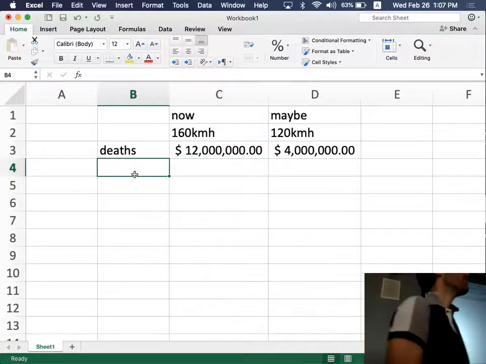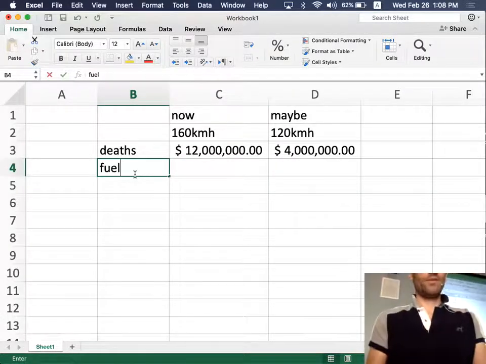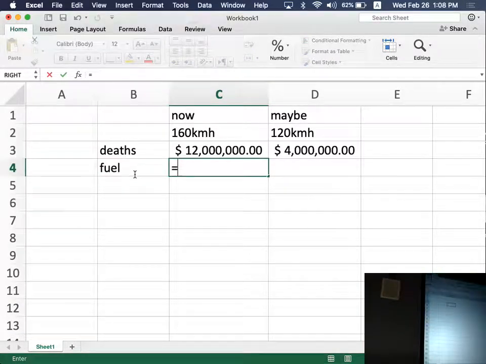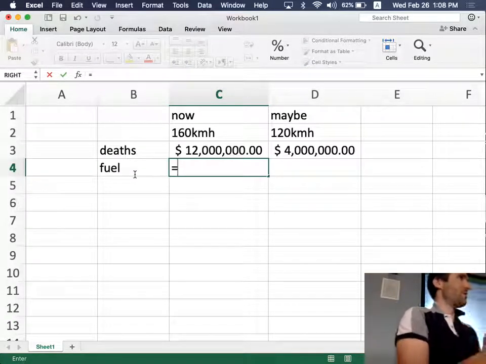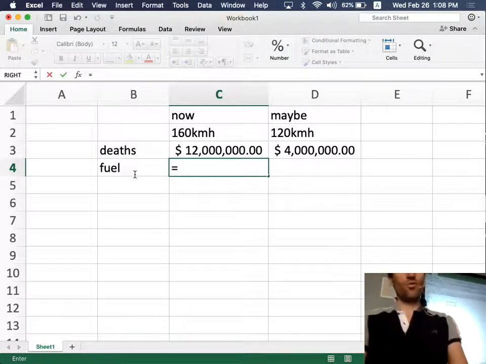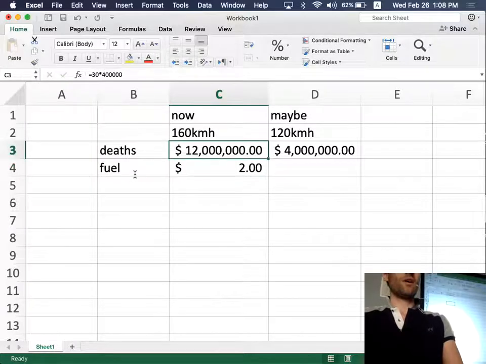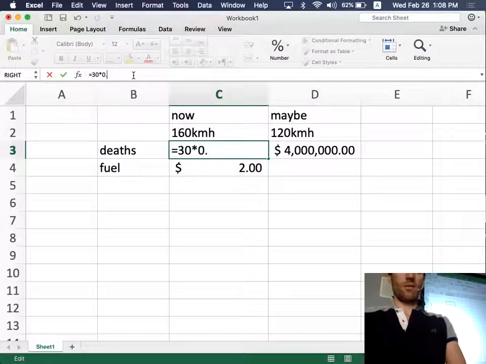What other costs do we have? Fuel. What's the calculation? 160 times 2. So they said there's 2 million passengers per year, right? So let's see, 2 million. I'm going to calculate in millions now because it's nicer.